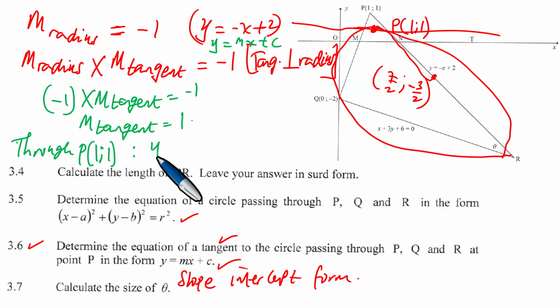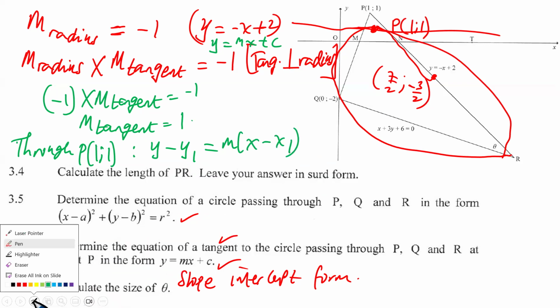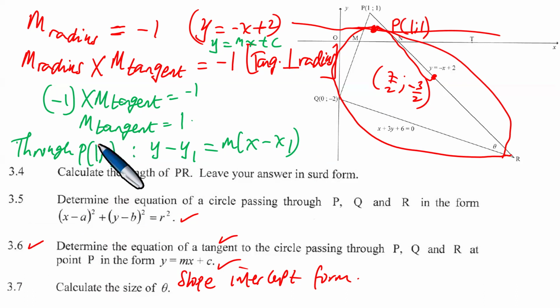Right, so we're going to use the slope-point form, y minus y1 equals m into x minus x1. Okay, we continue. x1, y1, the m is 1, x minus x1.